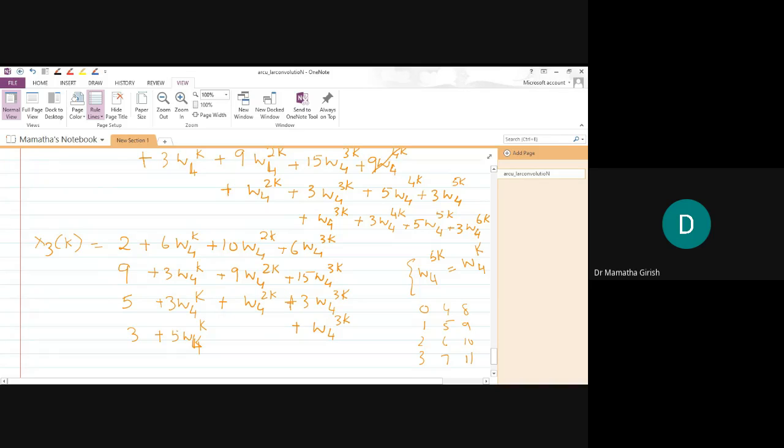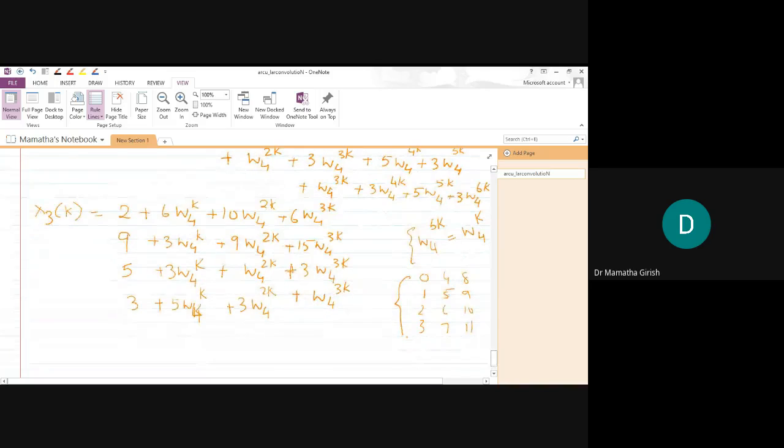And W4 to the power of 6k is W4 to the power of 2k, so it comes over here as 3 times W4 to the power of 2k. Is it clear, students? As we get on to the higher powers of n, use the property of periodicity.